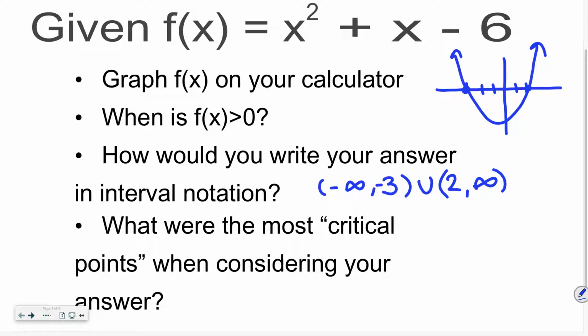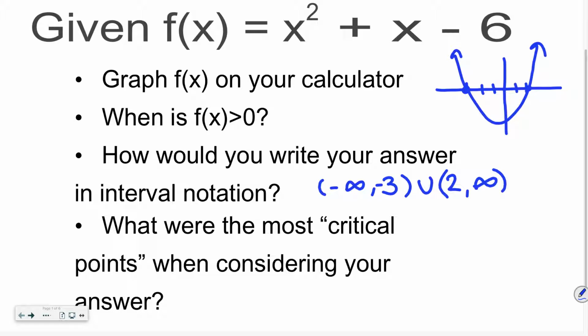Pod 4, why did pod 5 give us parentheses and not brackets? We don't need to include. I only said greater than. Okay. So my speaker from pod 6. What are the most critical points when we had to look at what our answer was?